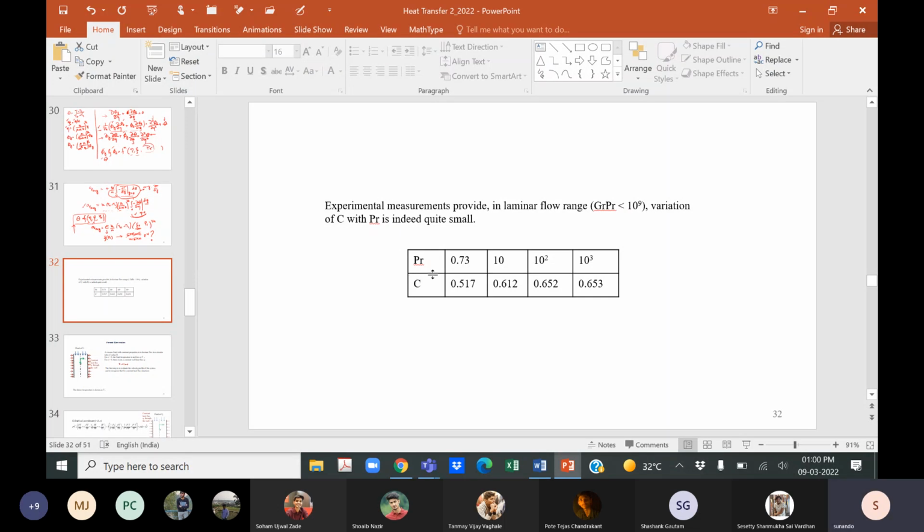The type of liquids characterized by a very small value of Prandtl number is the liquid metals. They traditionally have a very small value of Prandtl number, in the range 0.01 or even lesser than that.